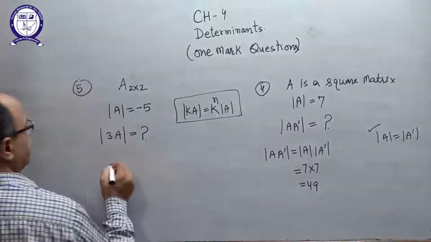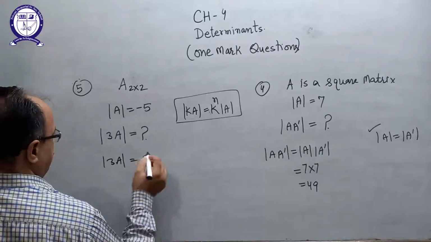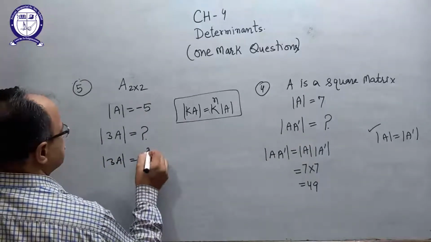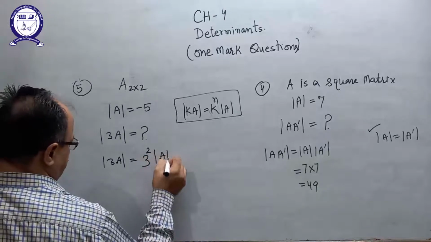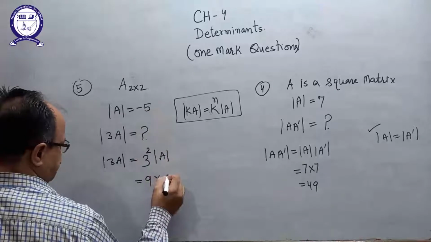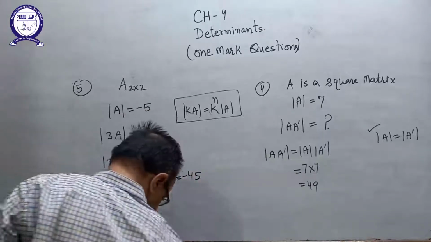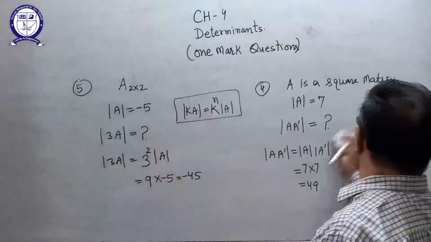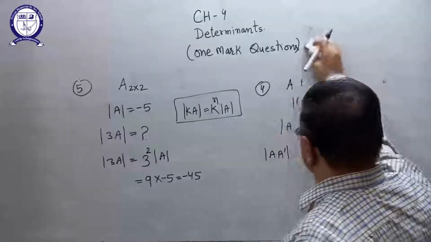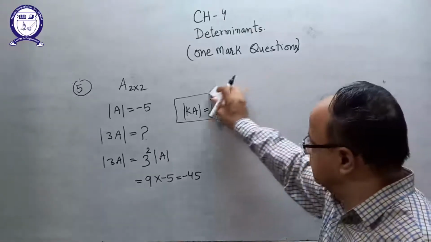When you apply this property here, it means 3 to the power 2, determinant of A, that is 9 into -5, so -45 is the right answer. Clear?